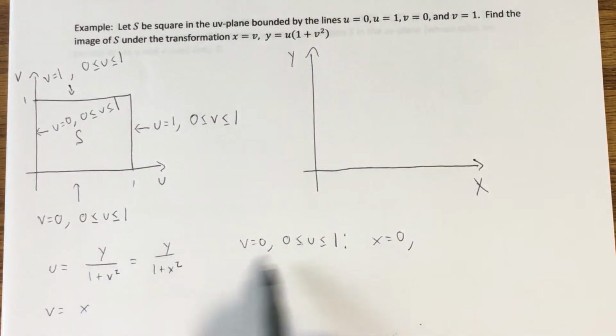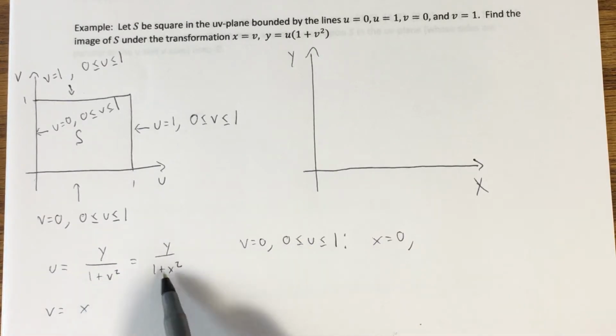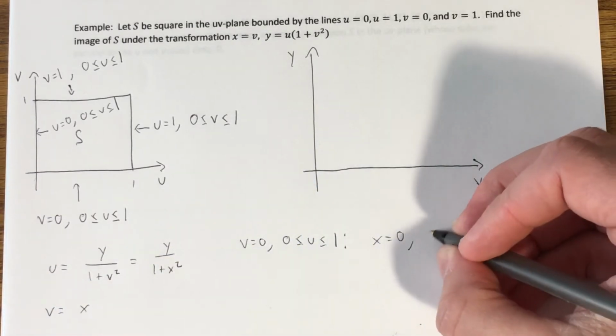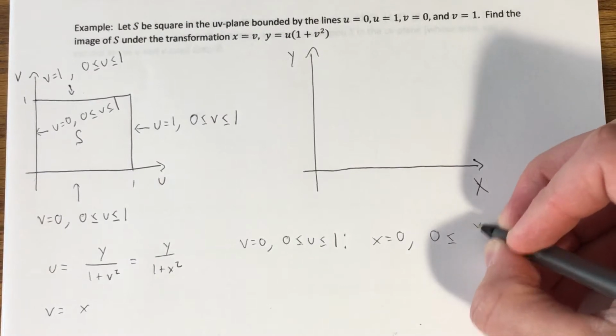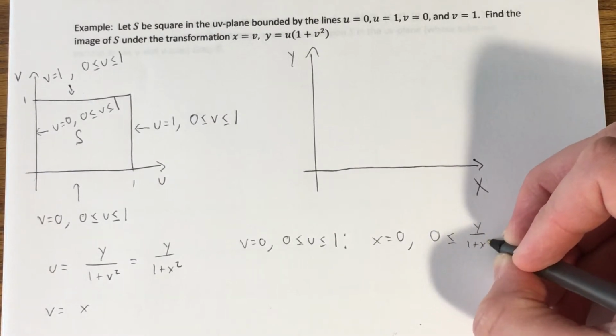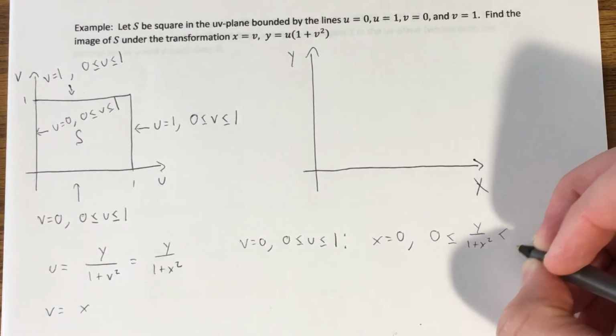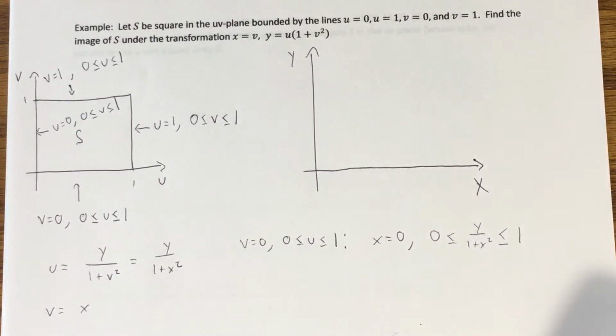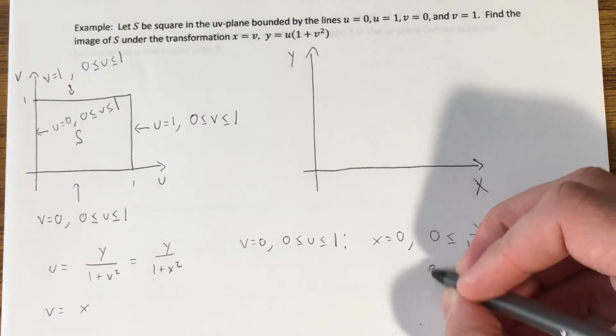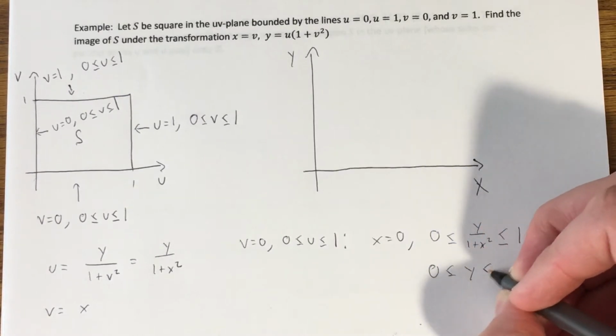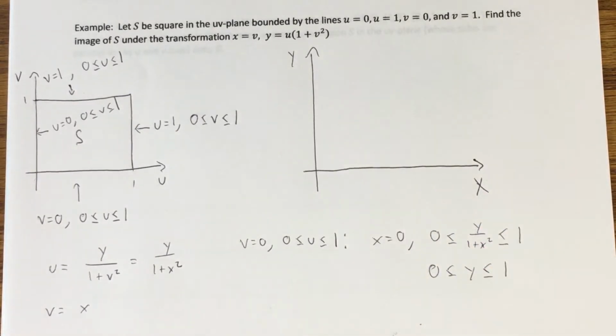And if u is between 0 and 1, then I can substitute this expression, y over 1 plus x squared, in for the u there. So y over 1 plus x squared is between 0 and 1. Now use the fact that x is equal to 0 to show that this is just y over 1, or y. Okay?